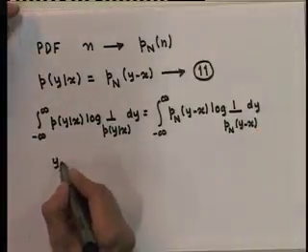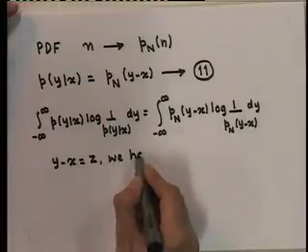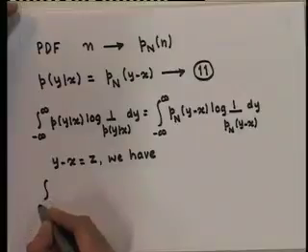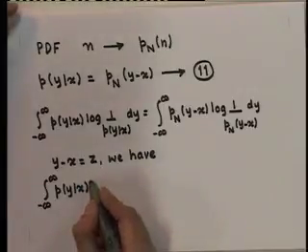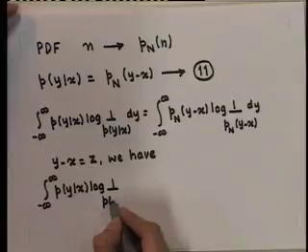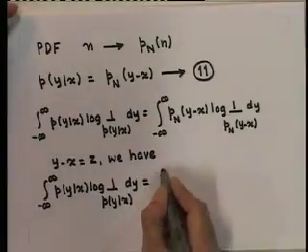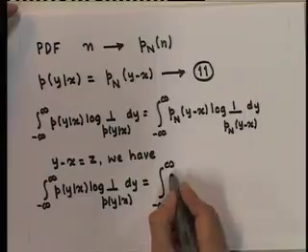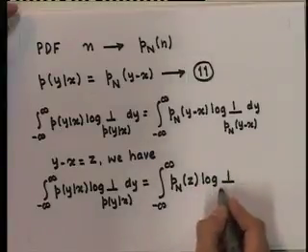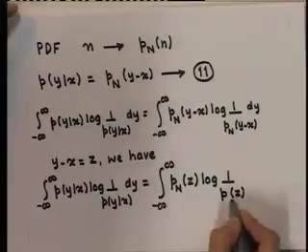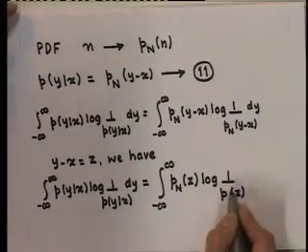Now, letting y minus x equal z, we have the integral of p_n(z) log of 1 by p_n(z), the PDF of noise.